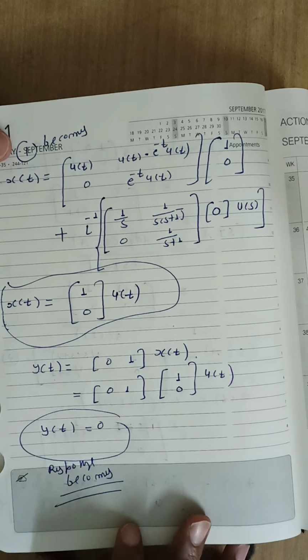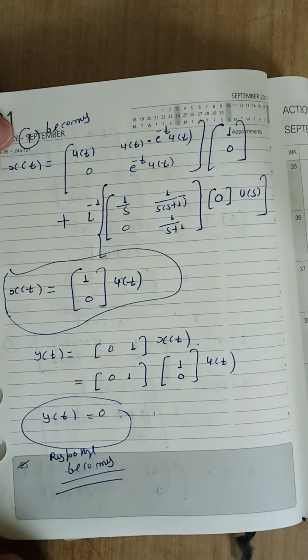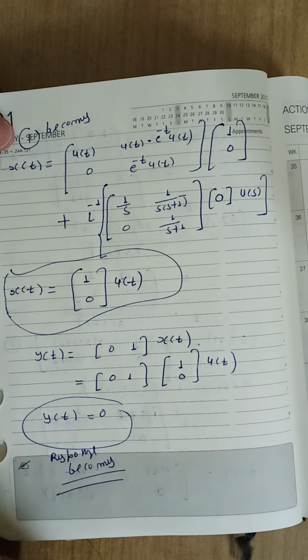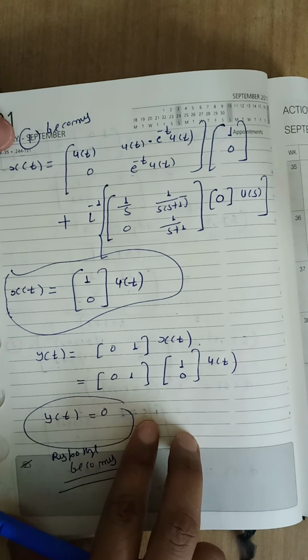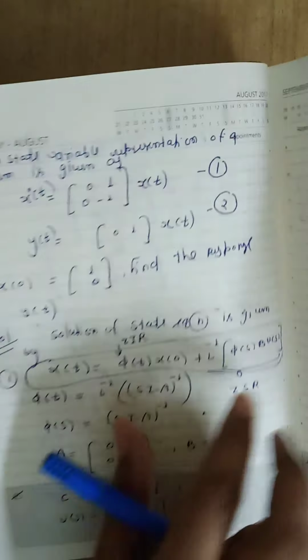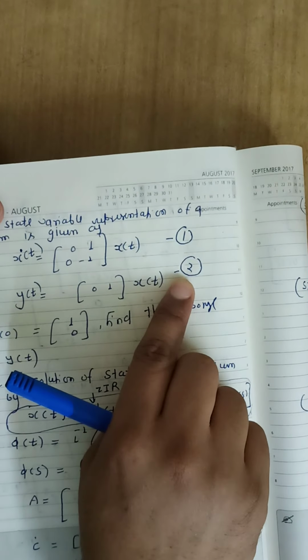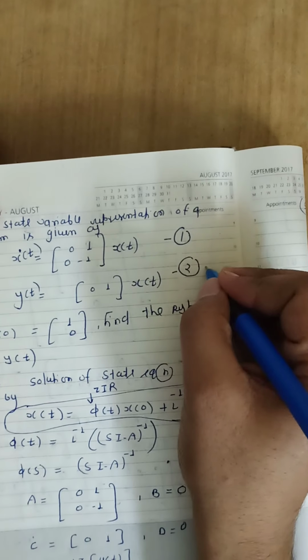So the conclusion is that here we want to calculate the value of y of t, and we can calculate it according to the given output equation, or the given equation second. This is my given equation.